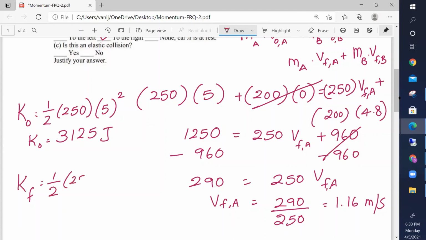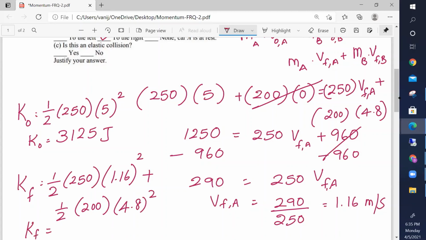So 1/2 times 250 times the final velocity of cart A, which is 1.16 meters per second, so 1.16 squared, plus 1/2 times 200 times the velocity of the 200 kilogram car after collision, which is 4.8, so 4.8 squared. 2,472 joules is the total final kinetic energy of the cars, right?